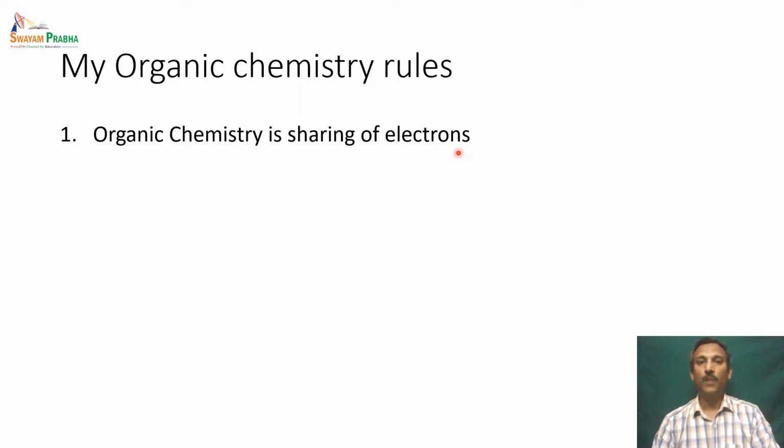So by inserting metals, even in the case of silver, you have to remember all the time, in the absence of the metal, the electronegativity difference is between carbon and halogen. Halogen is more electronegative, but when we insert a metal, then carbon becomes more electronegative. So this is one of the things you have to remember, since organic chemistry deals with sharing of electrons.